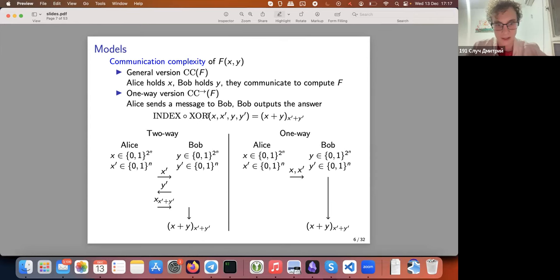Bob computes his bit at the same position and XORs it with Alice's bit to get the answer. So the protocol takes O of n communication. In the one-way case, there's nothing better than Alice sending all of her input to Bob, so the protocol is exponential.